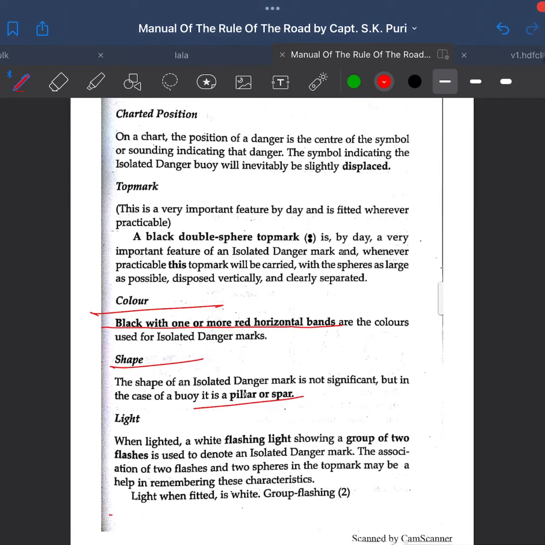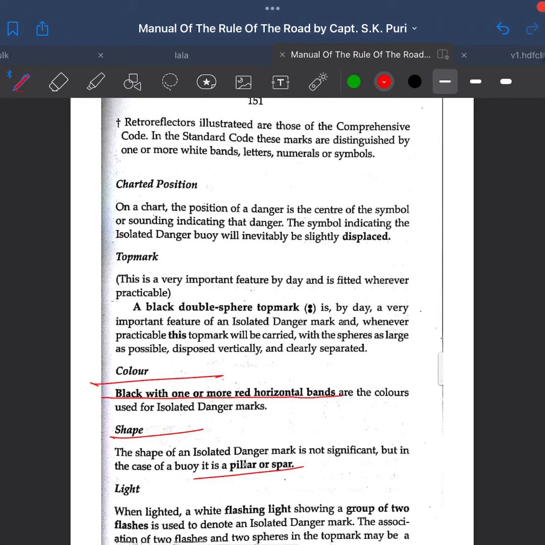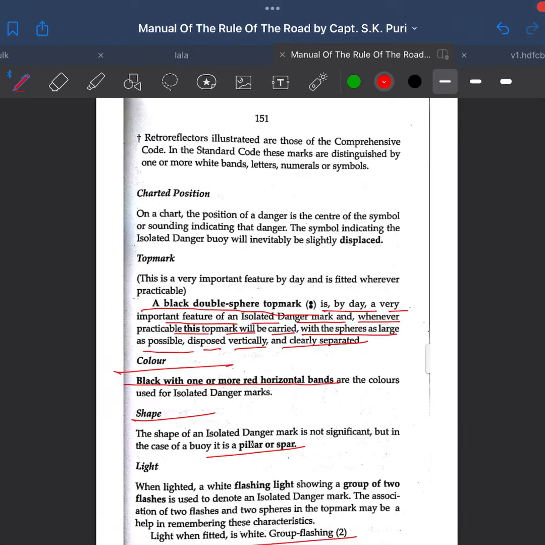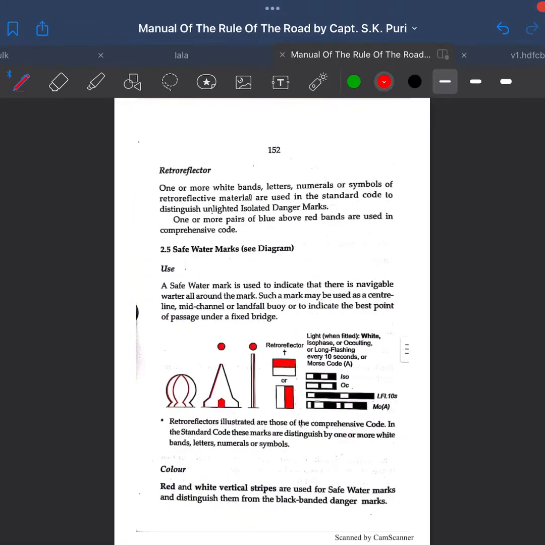The light is white, group flashing 2. Top mark: black double sphere by day is a very important feature of the isolated danger mark. Whenever practicable, this top mark will be carried with spheres as large as possible, disposed vertically and clearly separated. So that is the isolated danger mark.